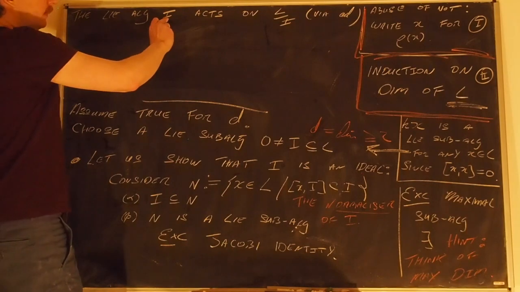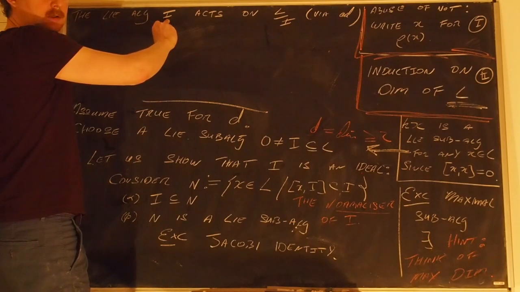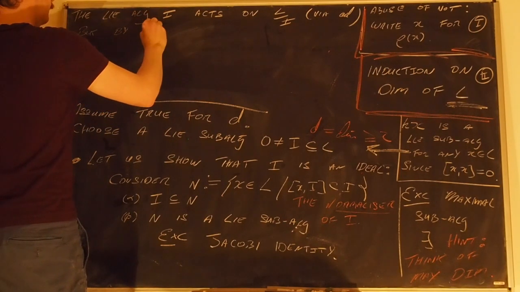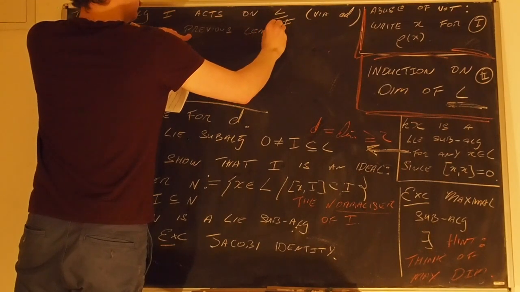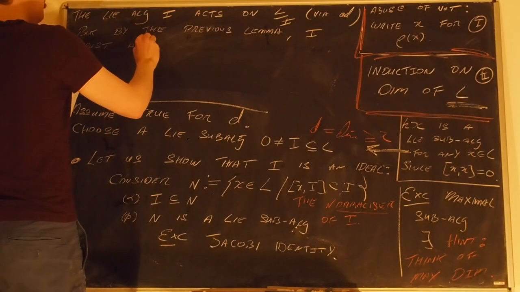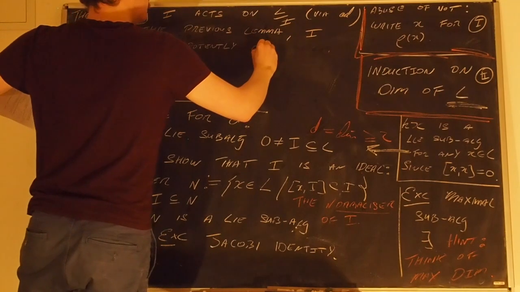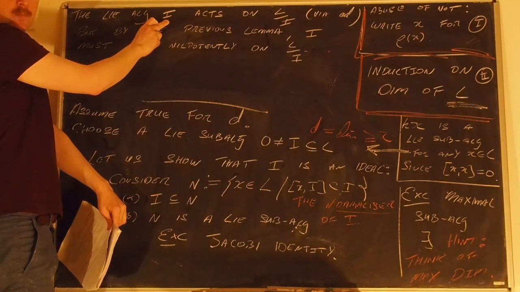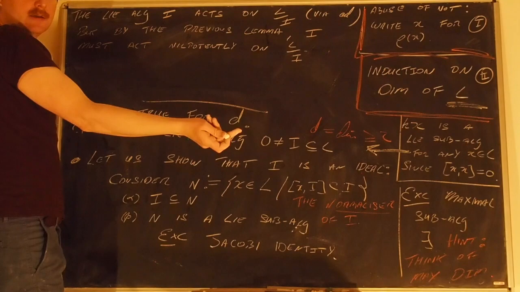However, we see that because I acts nilpotently on the vector space, I lives inside L. And we know that L acts nilpotently on the vector space by assumption.